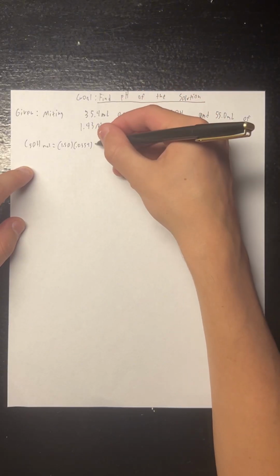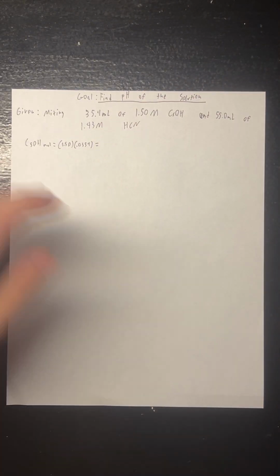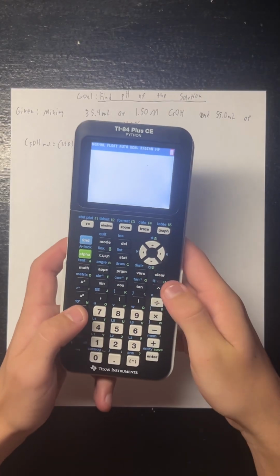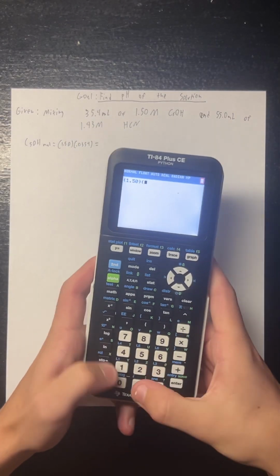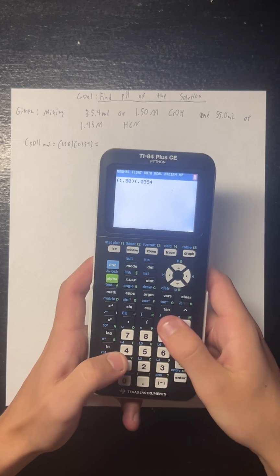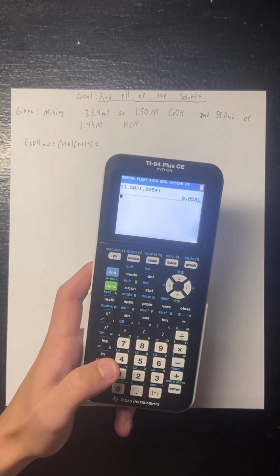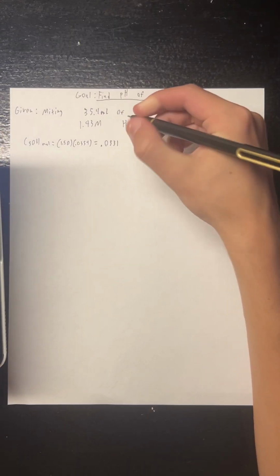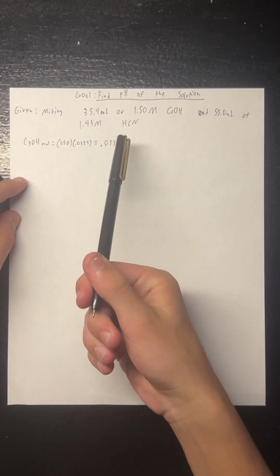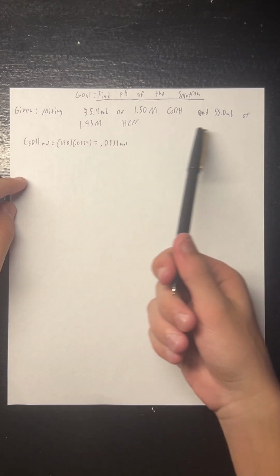Once you do that, it comes out to 0.0531 moles.